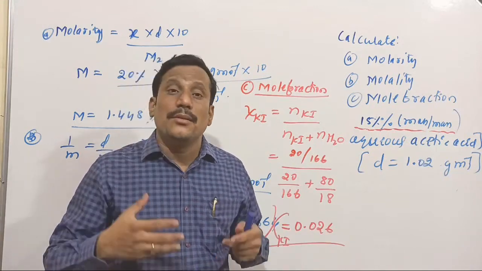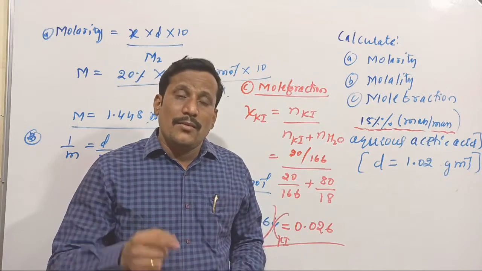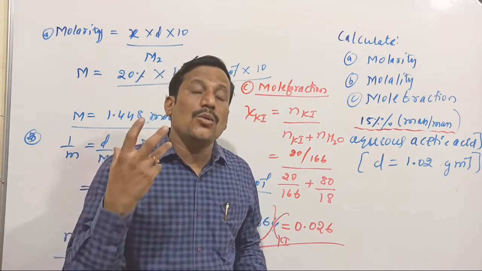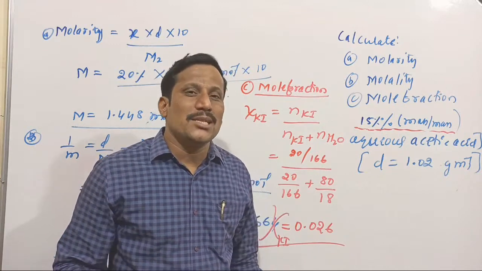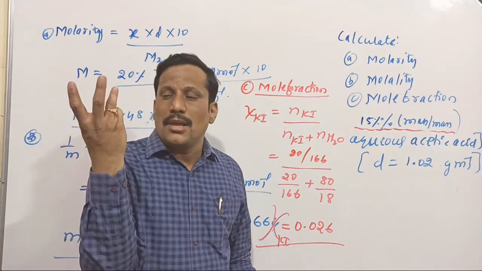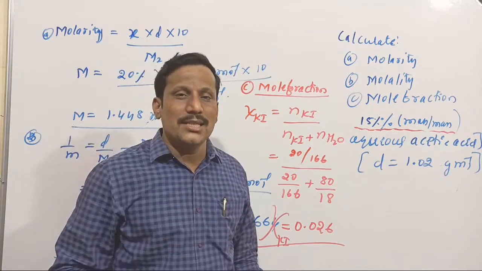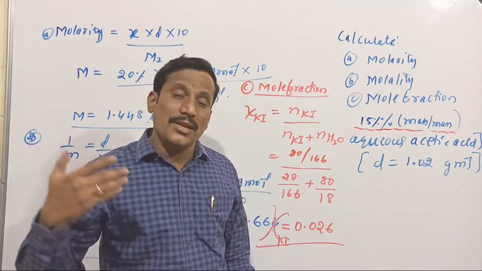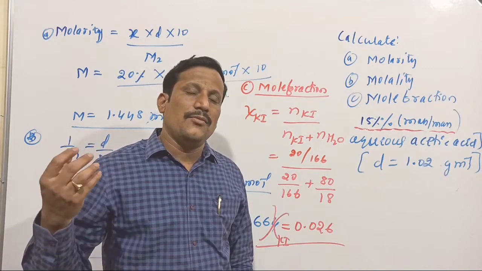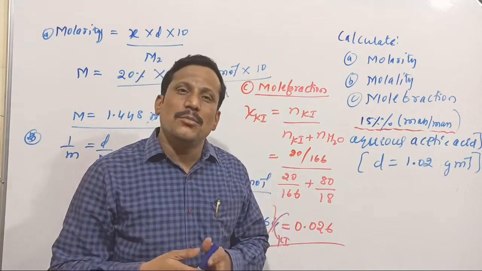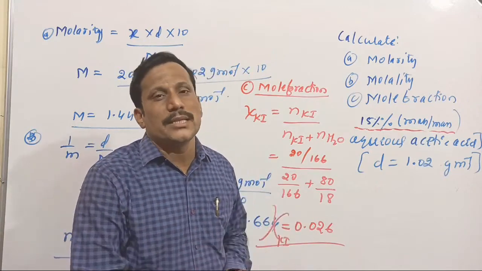So students, I am telling one thing to you. For normality, how to calculate gram equivalent mass of an atom, acid, base, salt, just glance once at the first year textbook. So you can get an idea about normality, and I can solve problems easily.